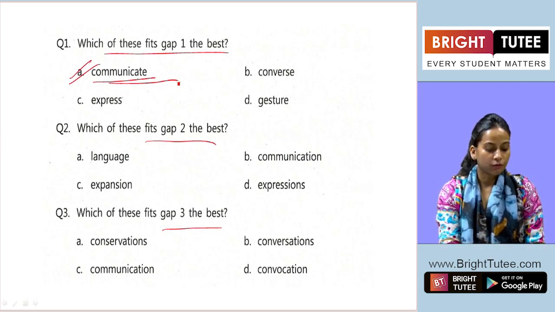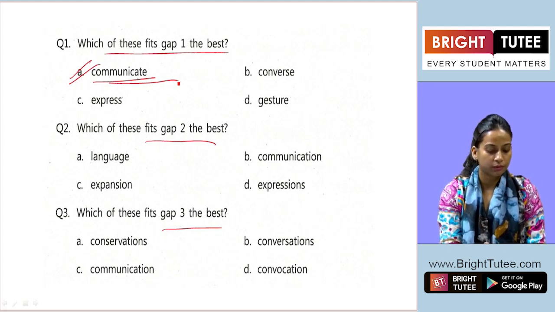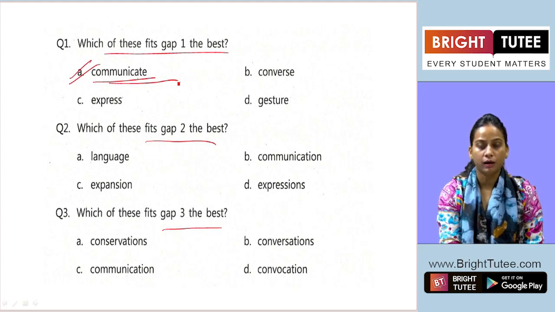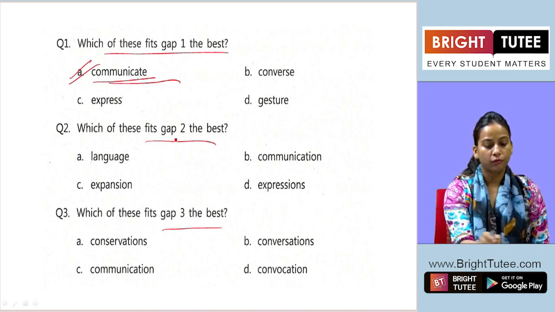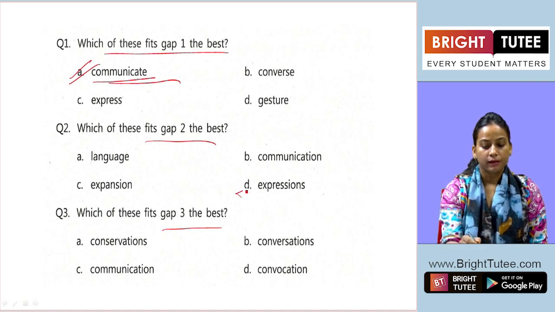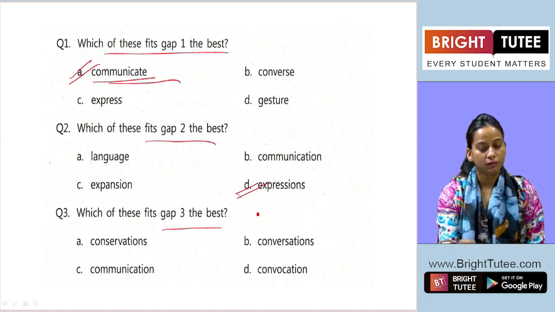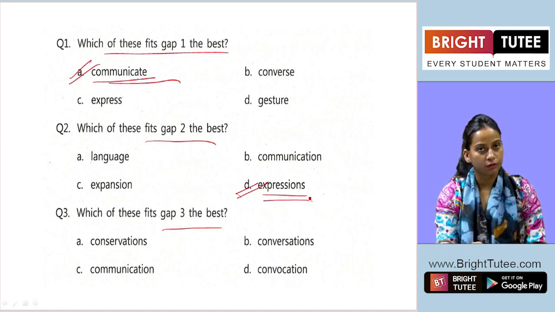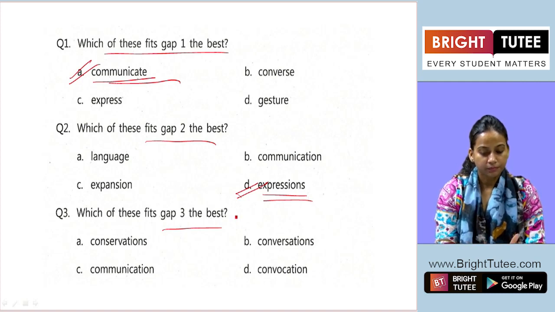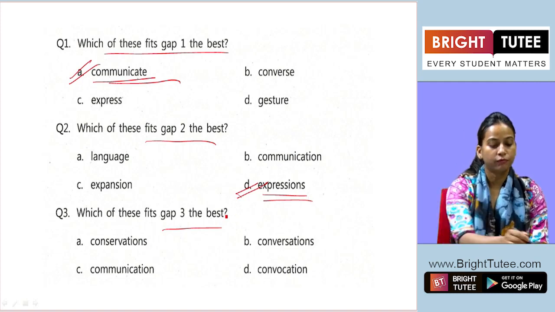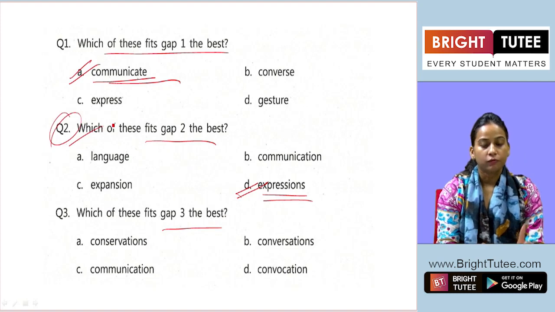This kind of communication is called body language or non-verbal communication, and it includes how we move our body as well as hand gesture and facial. So out of these, facial expression is going to be the correct option. Option D is the correct one for question number 2. So first one was communicate, then expressions.